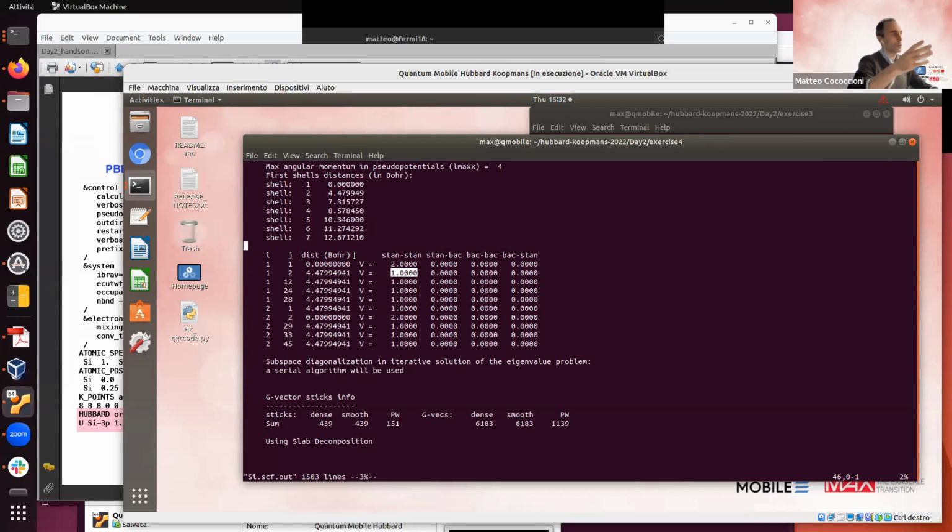So if something goes wrong in this respect, you will realize immediately, and you don't waste your time going on with that calculation. You see that the 4 atoms that are neighbors of the first one are number 2, number 12, number 24, and number 28. Where does the code get these numbers from?